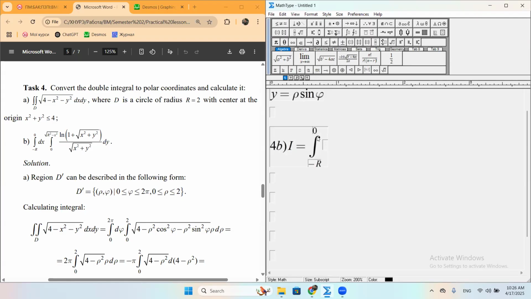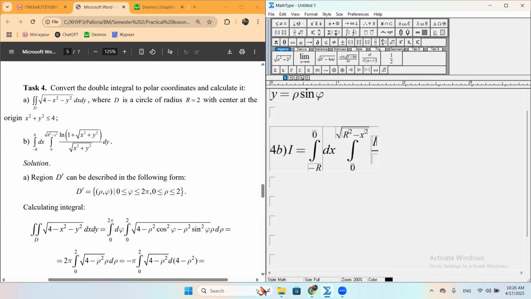So x is from 0 to r, and y from 0 to square root of r square minus x square.